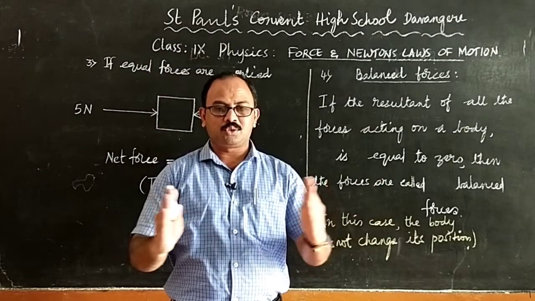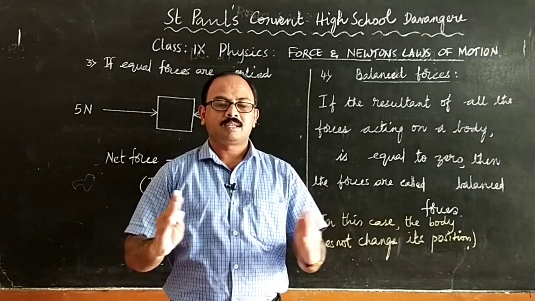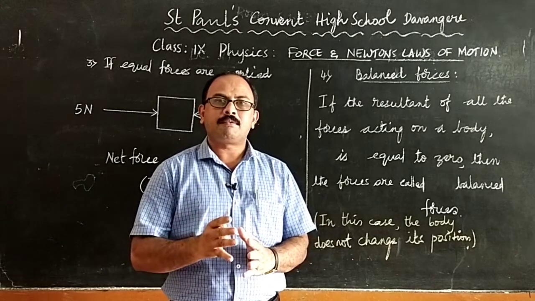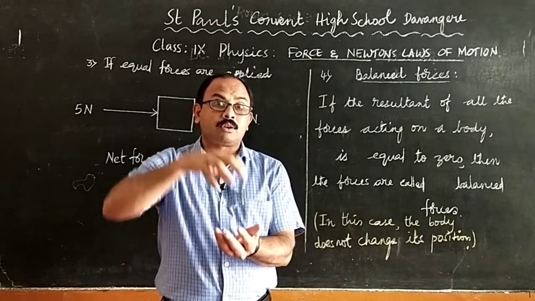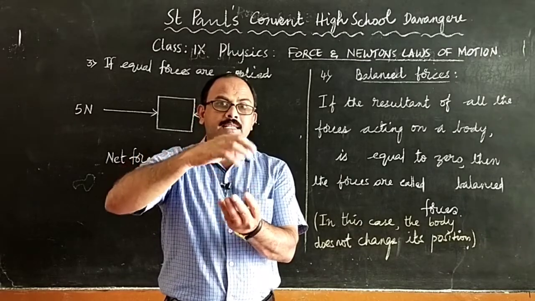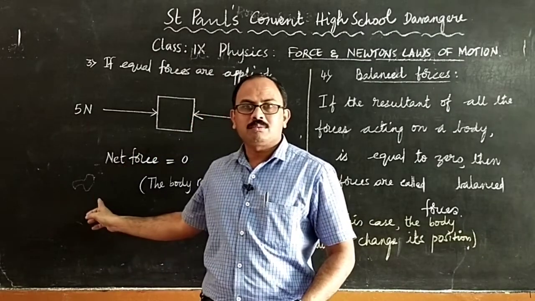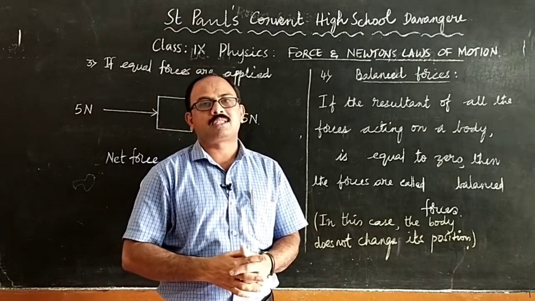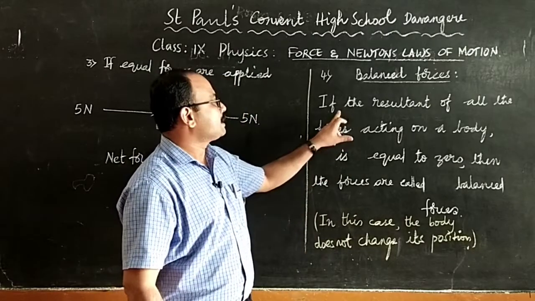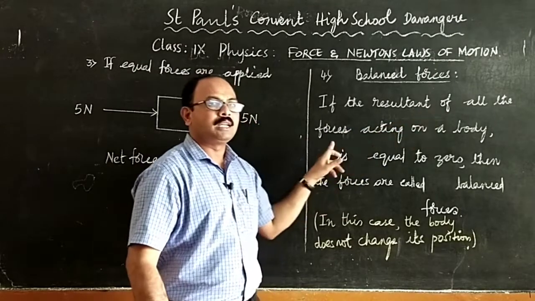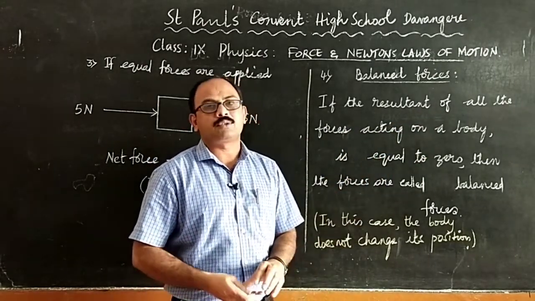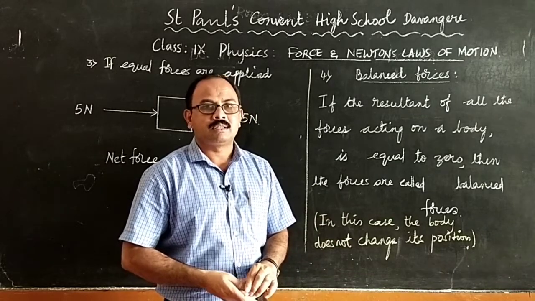Therefore, the remaining two forces are there. So how does the term go? If the resultant of all the forces acting on that body is equal to 0, then those forces are called balanced forces.